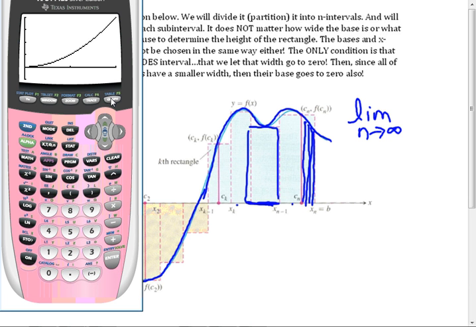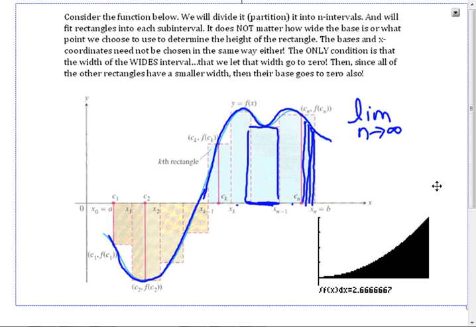It'll show you all those rectangles, but you won't see them because they're so tiny. So now I'm going to do second calculate, and I want to do 7. We're going to talk about that notation. I'm going to start at 0 and go to 2. And there it is. It's a finite number of rectangles. Your calculator can't do an infinite number, right?